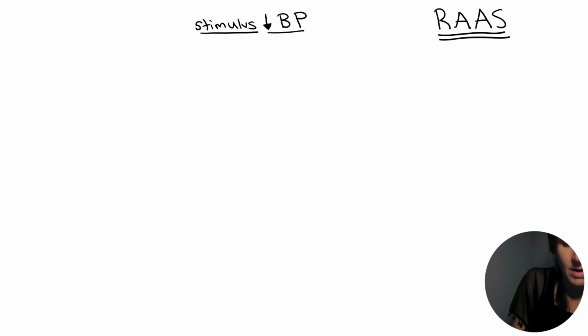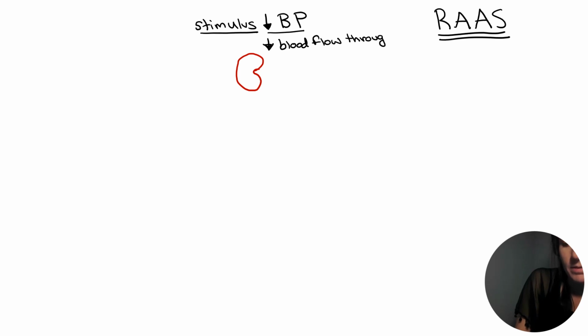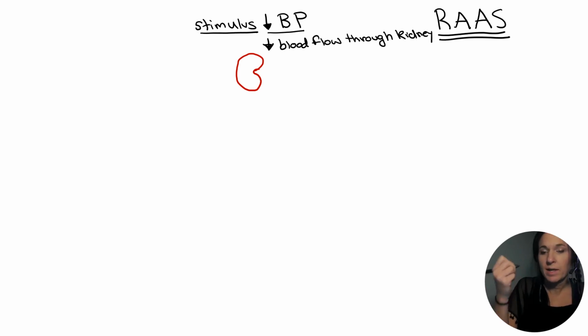So we have our kidney here. When we have a decrease in blood pressure, we're going to have a decrease in blood flow through the kidney. These specialized cells, these receptors in the kidney, can detect this decrease in blood pressure and stimulate the kidney to release renin.